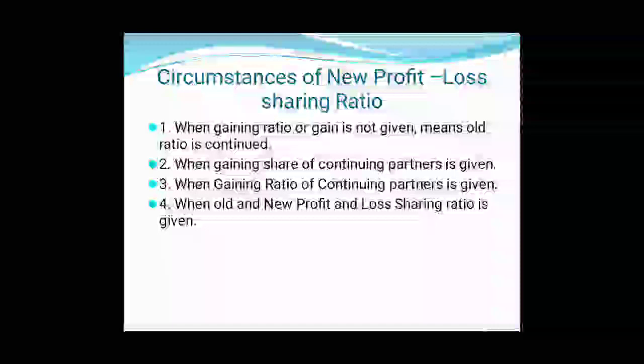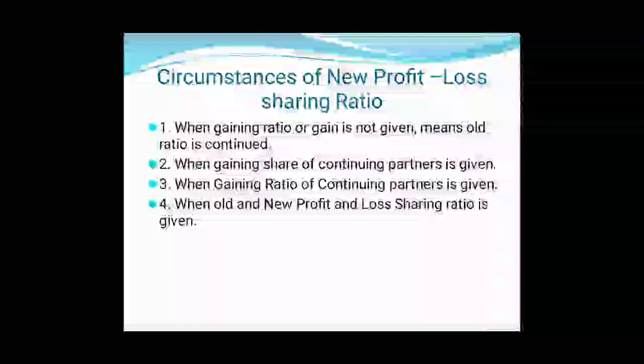The next one is when the old and new profit and loss sharing ratios are given. It is very simple to find. When old ratio is given and new ratio is given, then we just need the gain ratio, and we know how to find gain share.